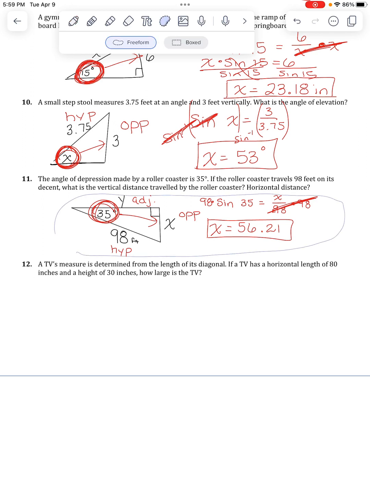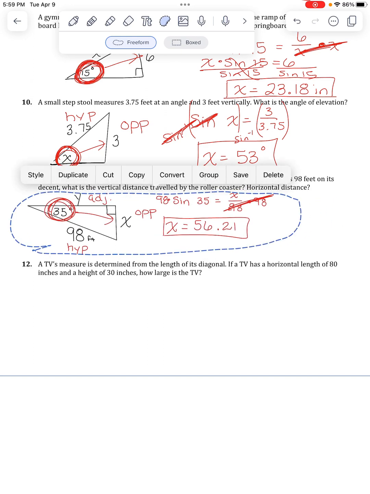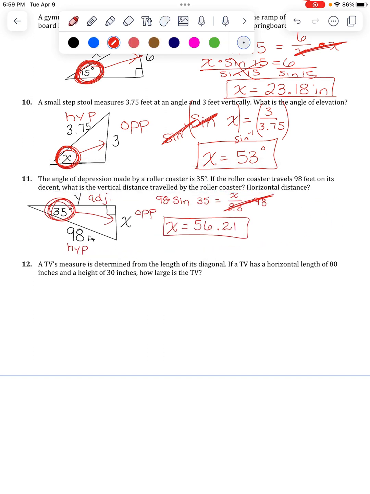I also want to solve for y. Just moving this over a bit. So this time I'm working with the adjacent, and I'm going to work with the hypotenuse again. So cosine of the angle equals the adjacent divided by the hypotenuse.